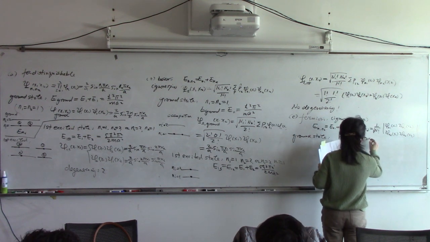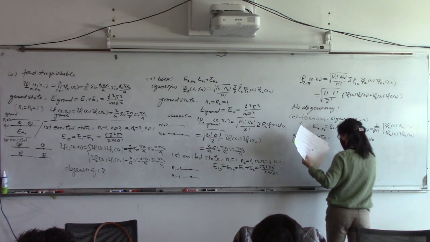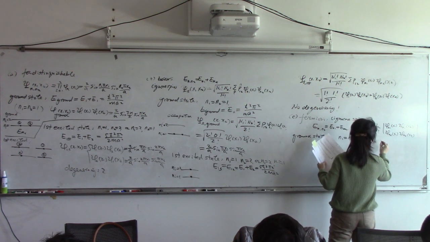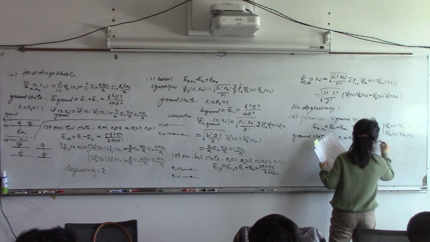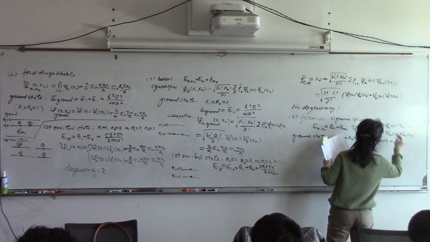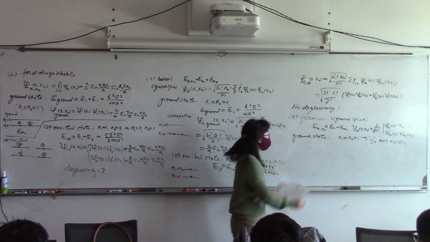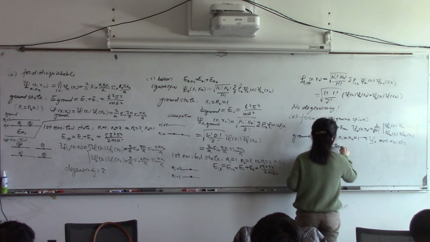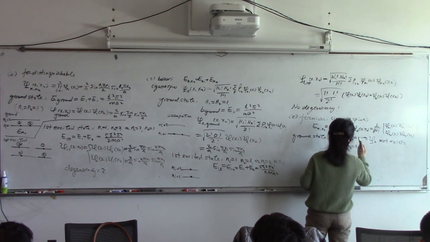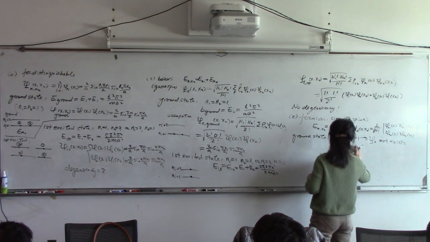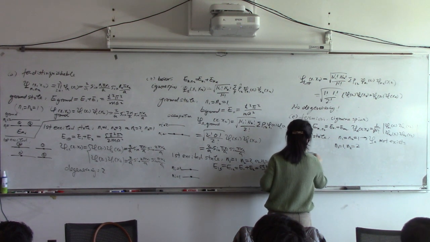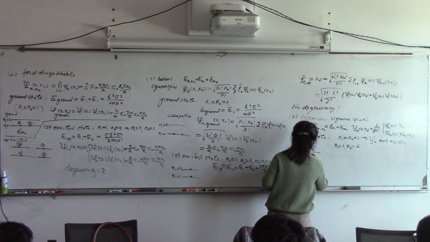So, no. Not even this. So we have to go to, one of them goes to the second one. Right, only this case. So this is the occupation for the ground state.